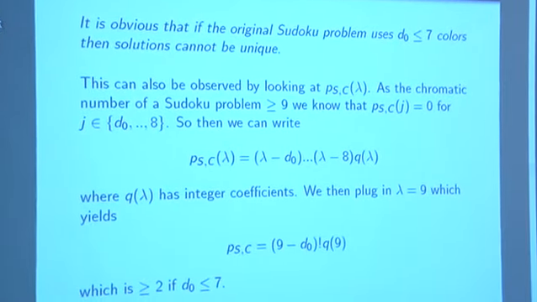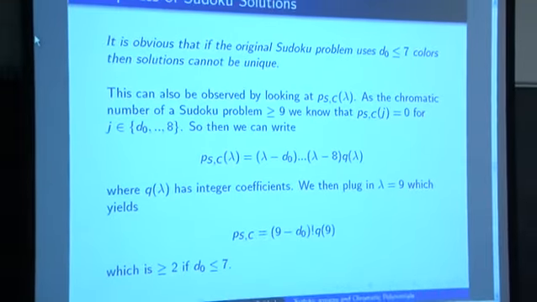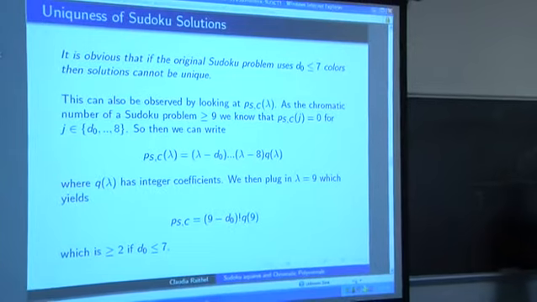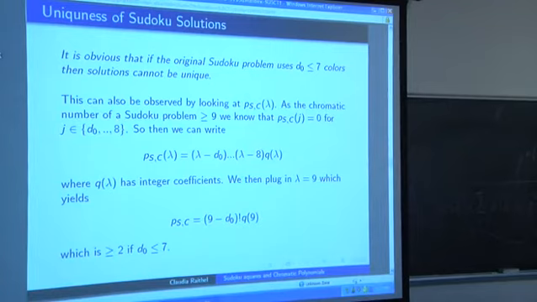So what does this say about Sudoku? There's something really obvious that this actually reproves. Say that I give you a Sudoku and we think of it in this graph framework, and the predetermined graph that you get colored has less than 7 colors.